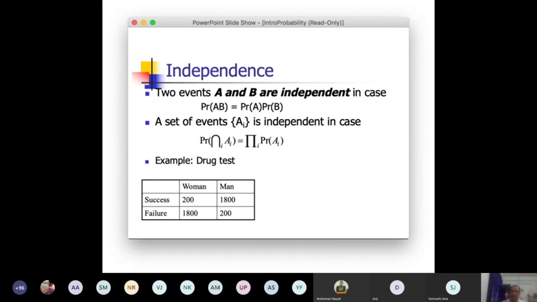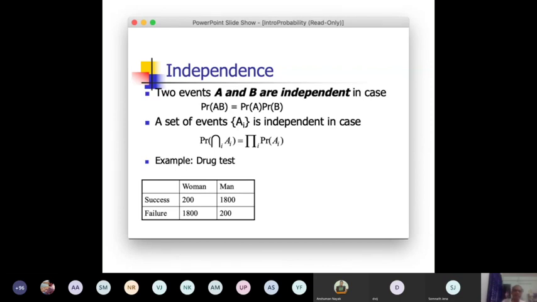You can consider the probability with respect to the whole population, that is probability of success, probability of failure, or you can also consider conditional probability of success given woman, conditional probability of success given man. All these things can be considered here.